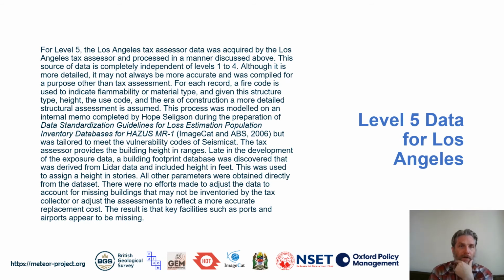Now, for level 5, we used some research that we had done maybe 14 years ago, mapping the year built, the occupancy, and the fire codes that are in the tax assessor data for Los Angeles into vulnerability classes that could be used for Seismicat, essentially.